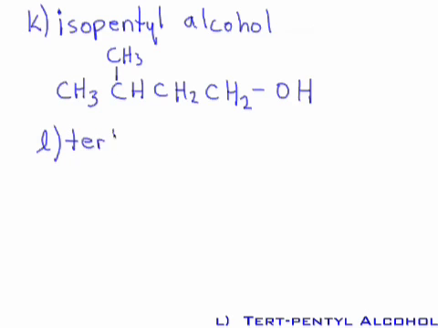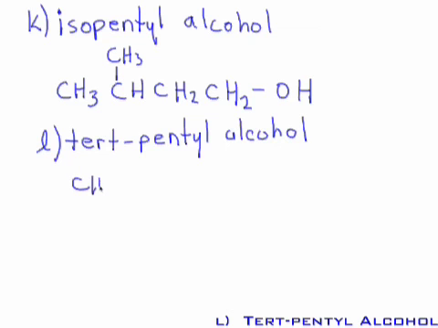Tert-pentyl alcohol is derived from isopentane, but again, as in tert-butyl, you pull the H off the tertiary carbon, and if we do that, we'll get this molecule.